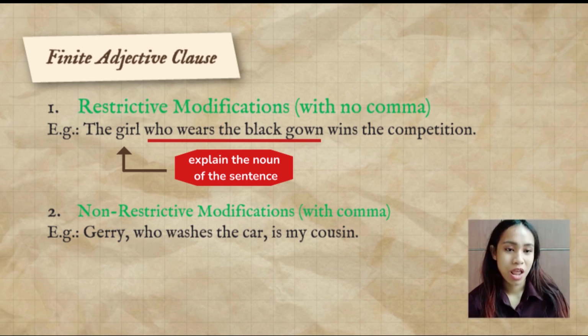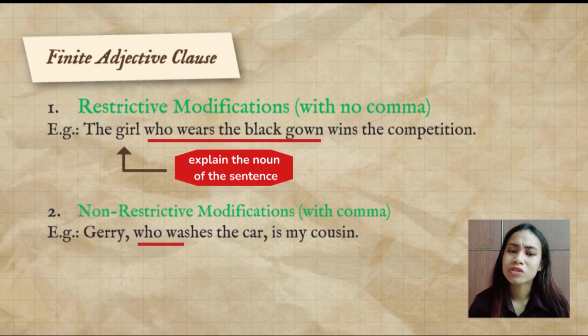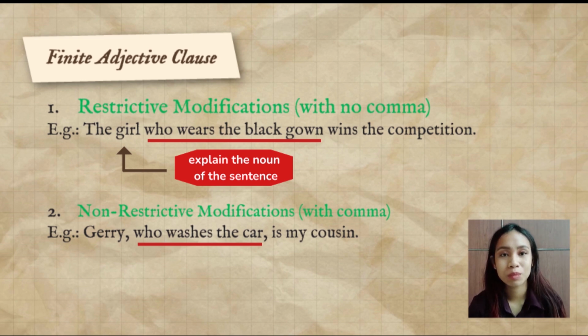The next one, non-restrictive modifications. For example, Gary, who washes the car, is my cousin. The words who washes the car define which person you are talking about. And the difference between these two modifications is that for the restrictive modification, we don't use any comma.